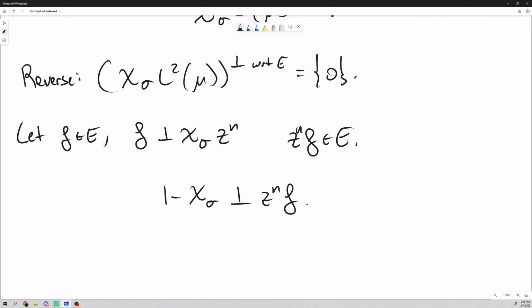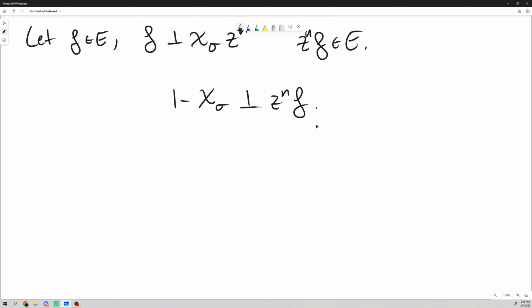Okay. So these orthogonality relations, one thing that's cool about them, and I'll just finish off with this fun fact, you can actually rewrite these in terms of integrals. So the first one, we have the integral over T of z^n f chi sigma d mu is equal to 0.